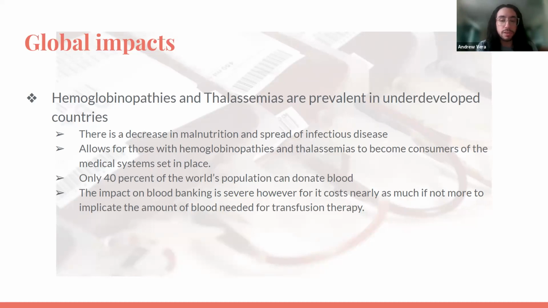A transfusion therapy can cost as much as the whole medical system in itself. So in the future, whenever we are considering blood transfusion therapies in underdeveloped countries, they should definitely get a jump on gathering the blood that they need for these people with hemoglobinopathies and thalassemias, because it is fairly prevalent within the world's population.